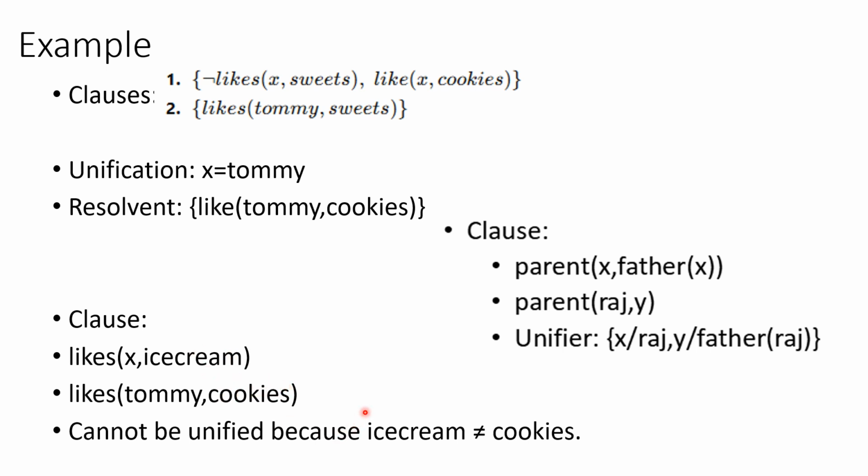It is not matching, so we cannot unify this. Then the next example: parent(x, father of x) and parent(Raj, y). Here x can be Raj and y can be father of Raj. So this is the unification.